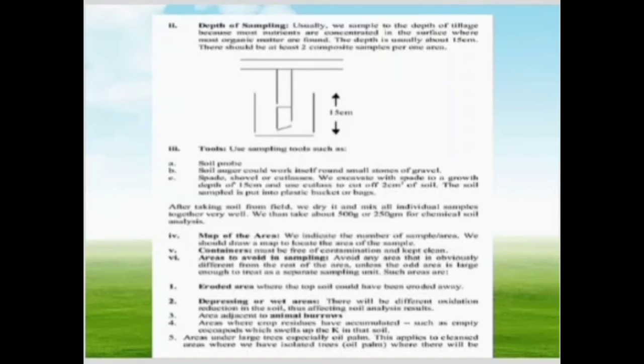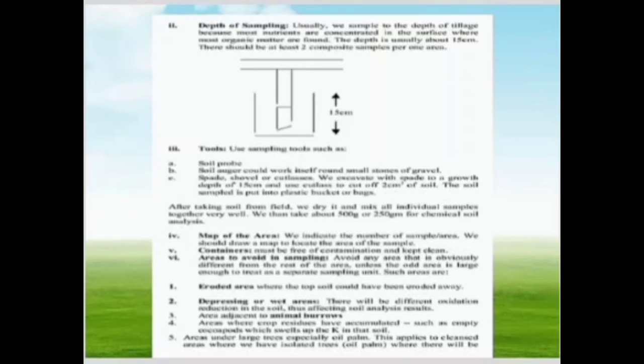Areas adjacent to animal burrows. Areas where organic residues have accumulated, such as empty cocoa pods which swell up and decay in the soil. Areas under large trees, especially oil palm.